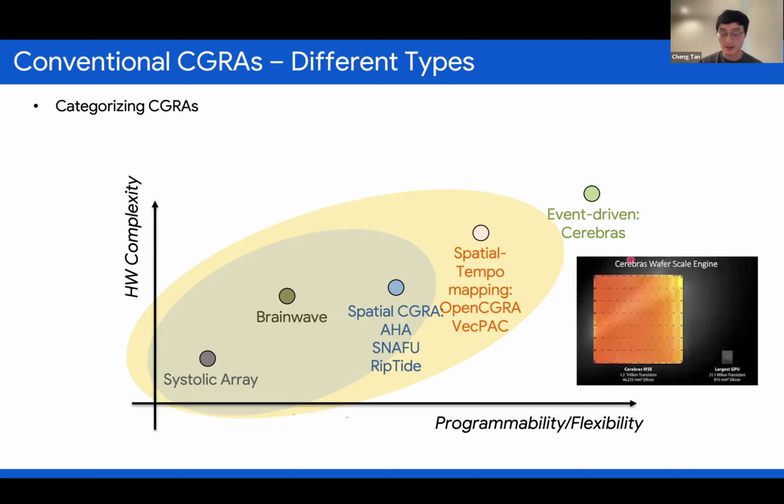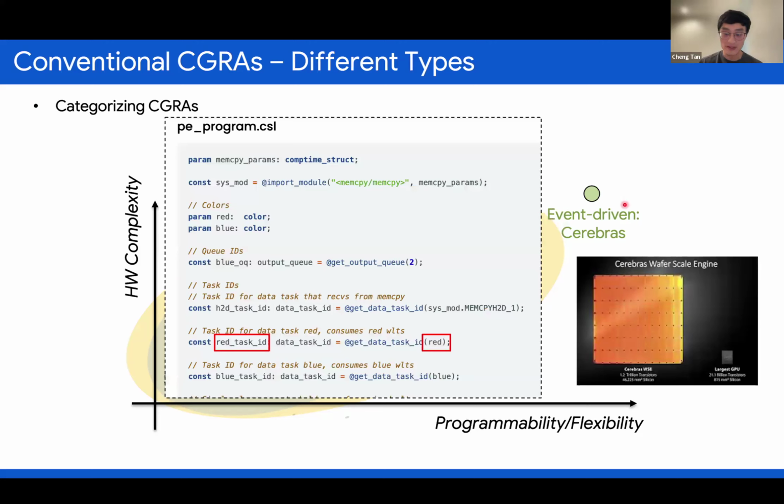Like this Cerebras accelerator is kind of event-driven. If you look into their programming guide, you can see that there is a task ID, and there is even color, right? Each color corresponds to one task ID. When the data comes, it will select the task to be executed based on the task ID embedded in the data payload.